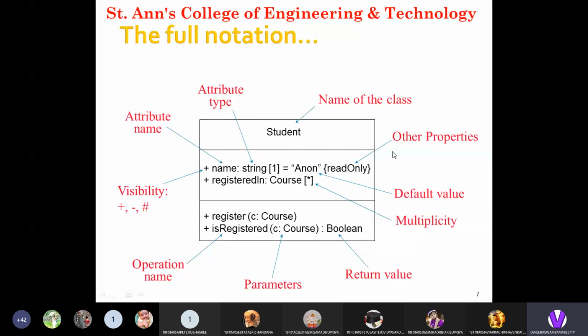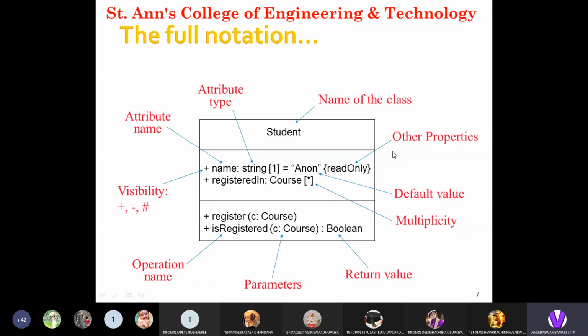Visibility is nothing but the access specifier of the system. Basically there are three types of access specifiers for the attributes or operations of a class: public, private, and protected. A public access specifier is represented as a plus symbol, private as a hyphen, and protected as a hash symbol.